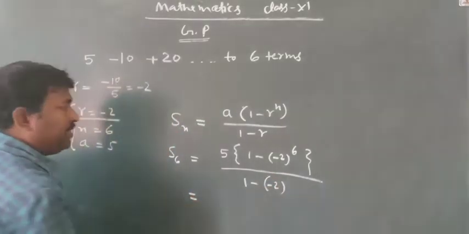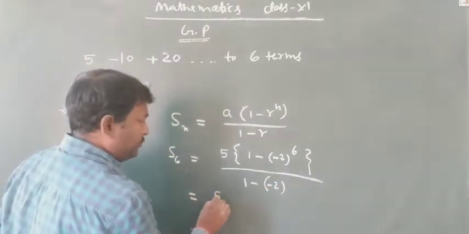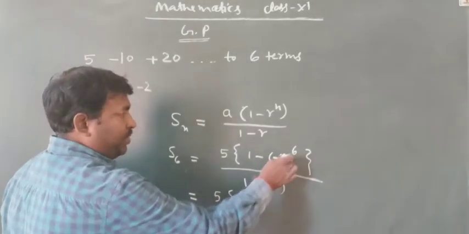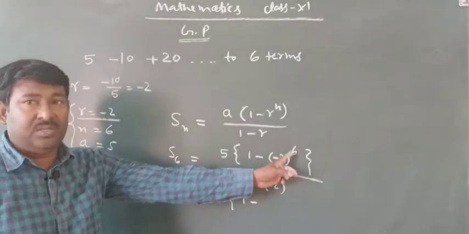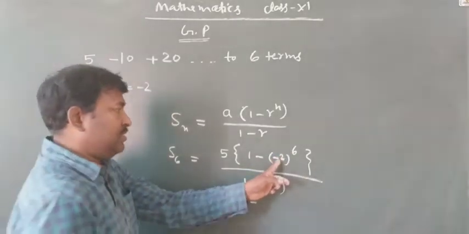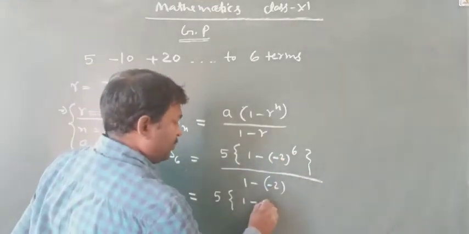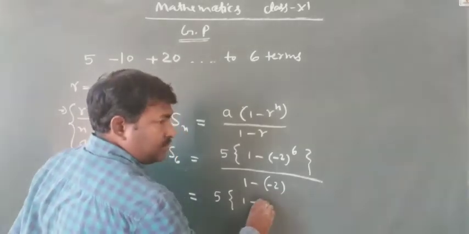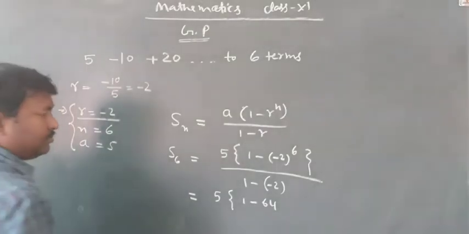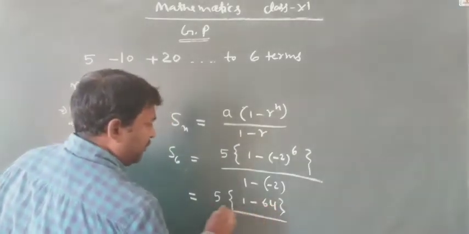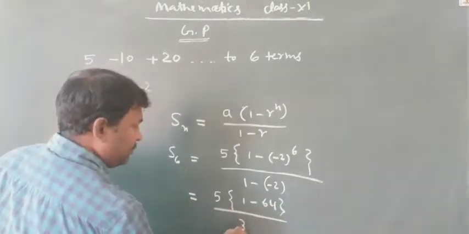So this implies 5 times (1 minus (minus 2) power 6), and minus 2 to an even power becomes plus. 2 power 6, how much? 64. So 1 minus 64 is minus 63, divided by 3.